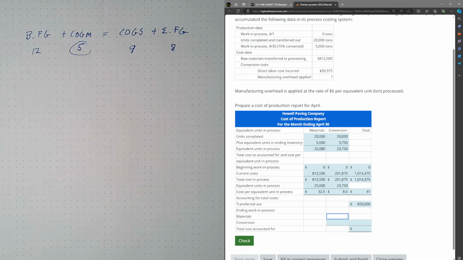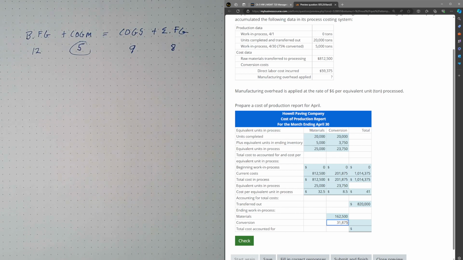The ending materials is 5,000 units times 32.5 equals 162,500. And the conversion costs are going to be 3,750 times 8.5 equals 31,875.